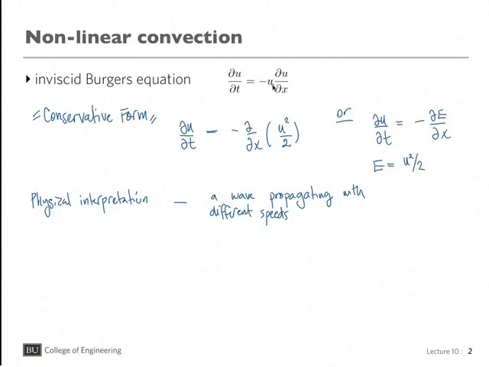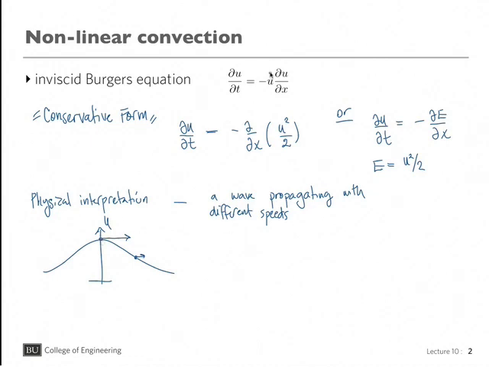Yeah, imagine this is the speed. So speed is equal to the solution. At every point of the solution, the value of that speed is the solution itself, and so it's a different value. If you have a solution that looks like this, and this is u, obviously the value of u here is larger than the value of u here, so the velocity here is going to be quicker than the velocity here, which leads to the steepening effect that I was talking about.